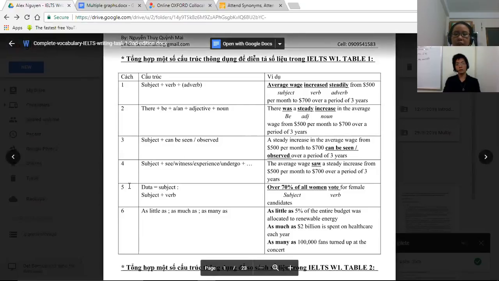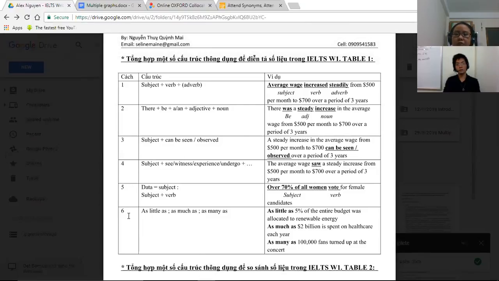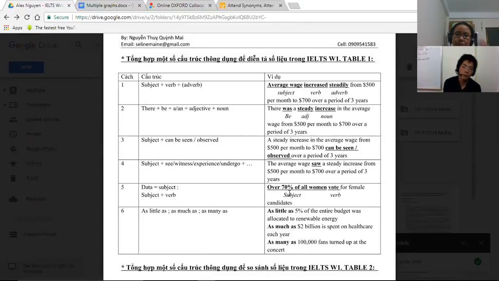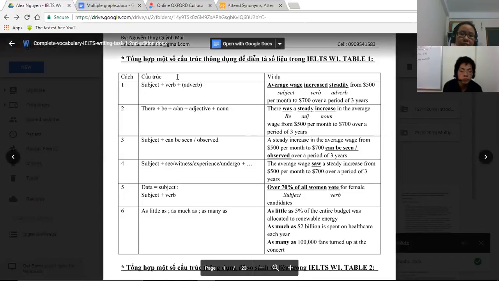I think number 5 and number 6 are particularly useful for our essay. Yeah, number 5 is the data. Yes. So let's think about that. And also we can say as little as, as much as, or as many as, as few as.